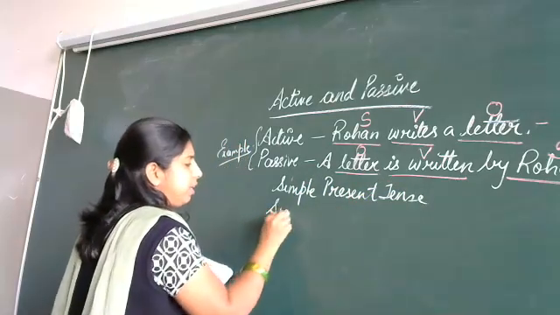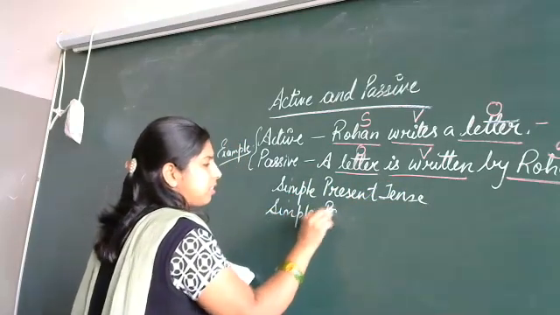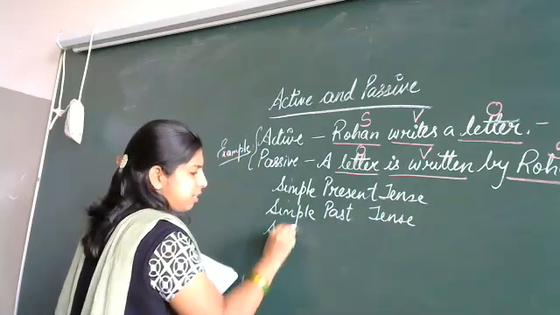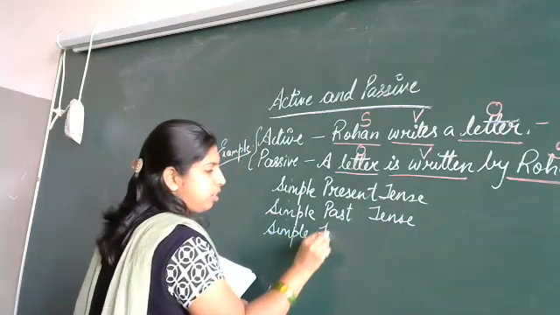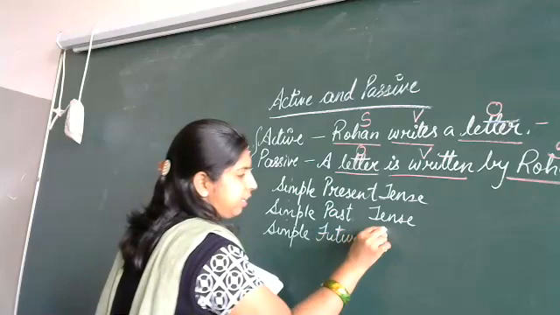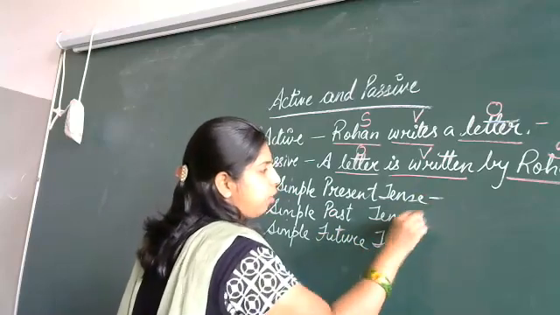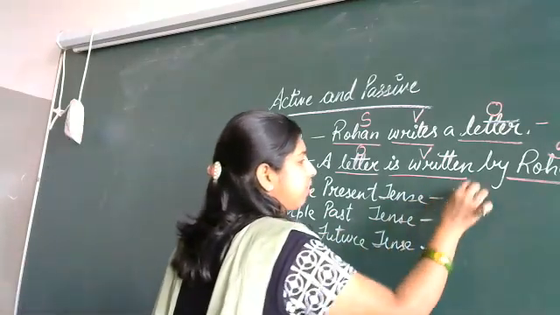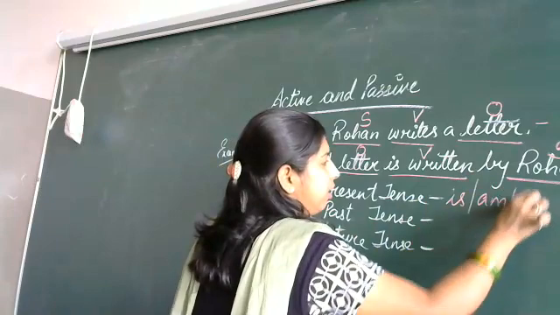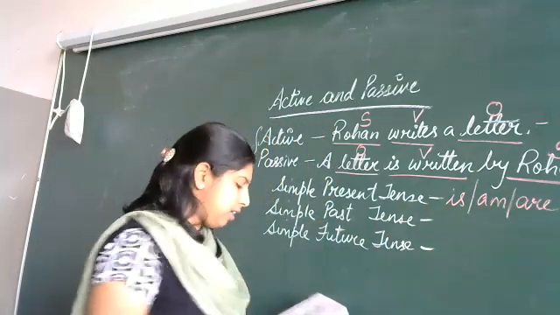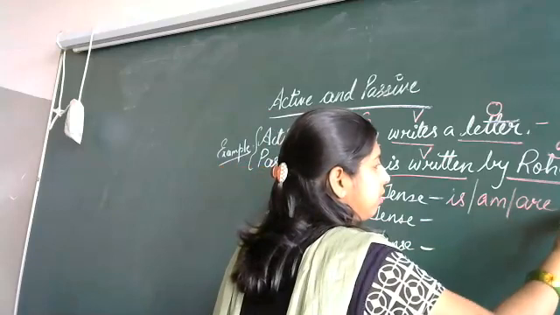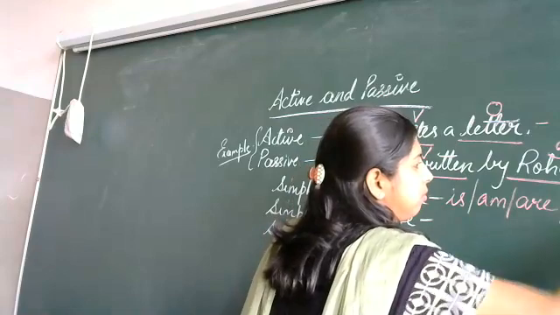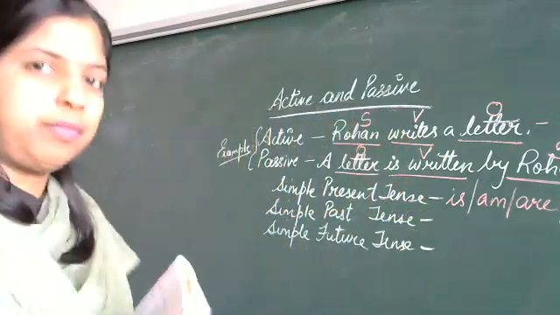Then we learned simple past tense and simple future tense. Okay, which are the words we made use of? Here it is am, is, are, and the past participle.